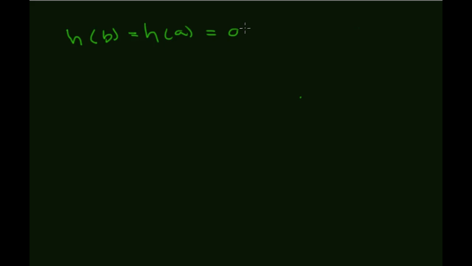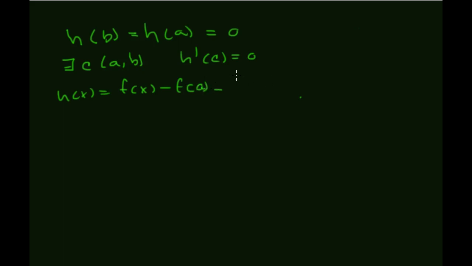So that tells me that there has to exist a c on this interval (a, b) where h prime of c has to equal 0. That's what Rolle's theorem says. Now, if we recall, h is f of x minus f of a minus (f of b minus f of a) over (b minus a) times (x minus a), right?